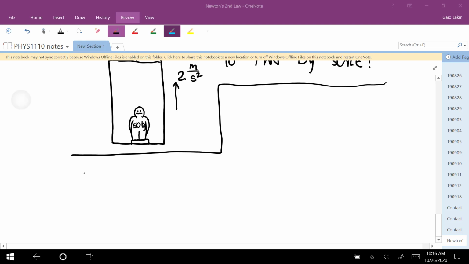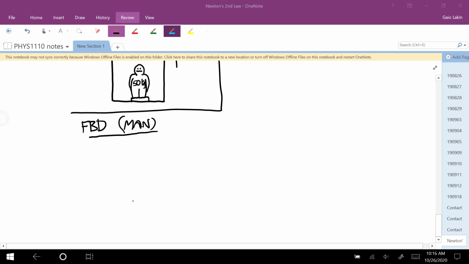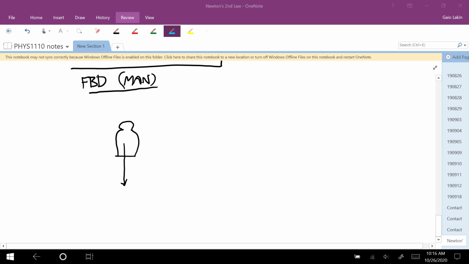Okay, well, our chosen object is going to be the man. And like always, there's a weight force. And 50 times 9.81 is 490.5.